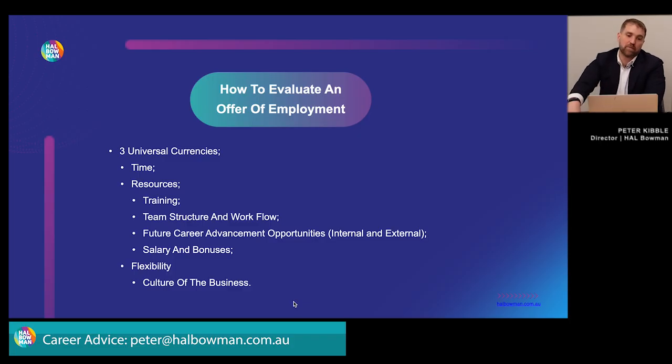They might have 2 offers, one from a business that is really flexible and one that's not flexible at all. The business that's not flexible might offer slightly more money, and they end up going to the business that has very little flexibility.